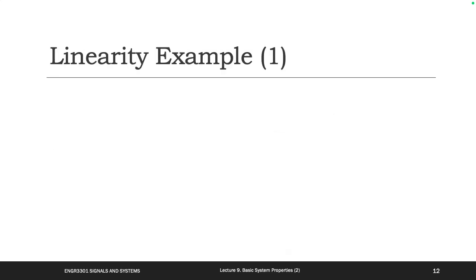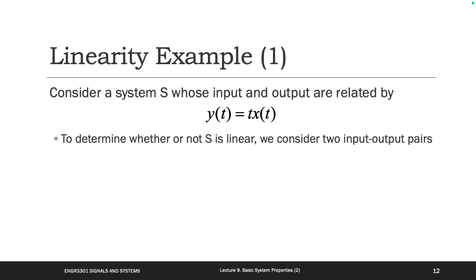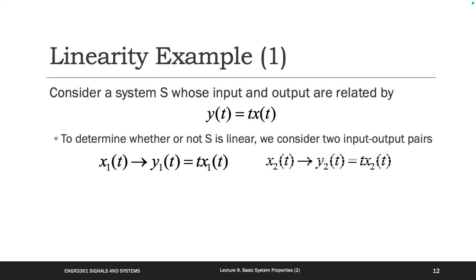Okay, let's check some examples. Consider a system S whose input and output are related by this one. This is the system called S, and this is the relationship between the input and the output. Determine whether or not S is linear. We consider two input-output pairs, x1(t), this one, and x2(t), this one.